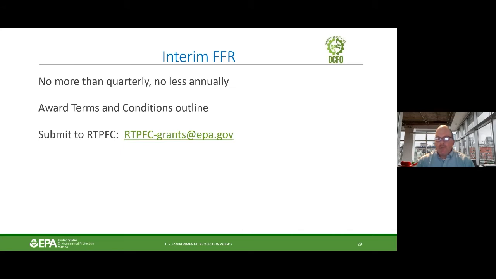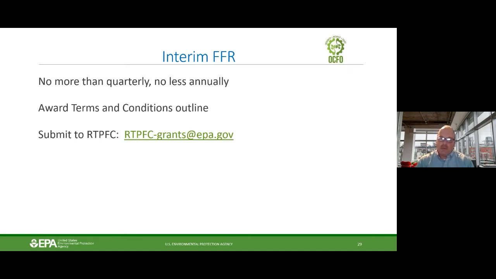So the interim report, the regulations state that we, as a federal agency, cannot ask you to report more than quarterly, but we also cannot ask you to report less than annually. So the shortest term would be a quarterly report and the longest would be an annual report. Now, most of our grants are on an annual basis for your interim reporting.